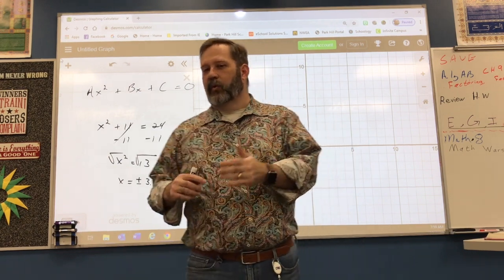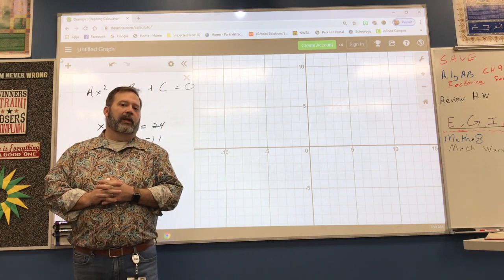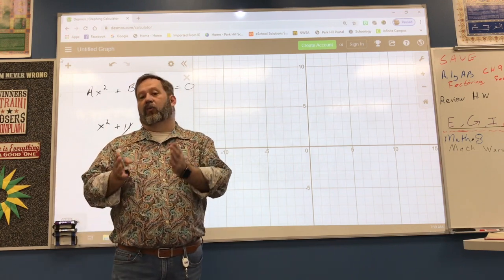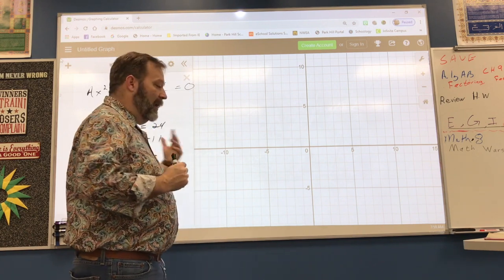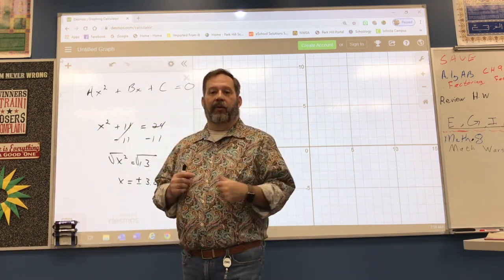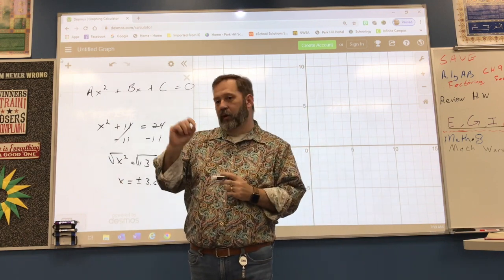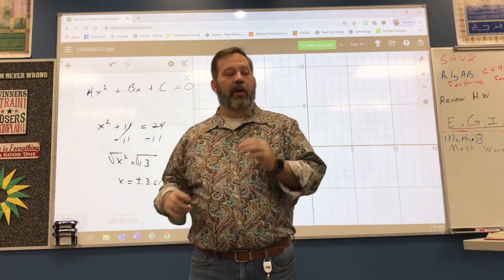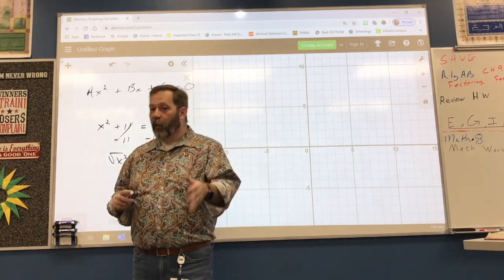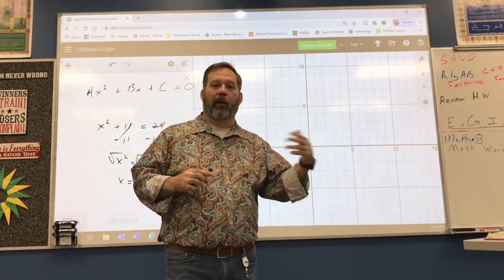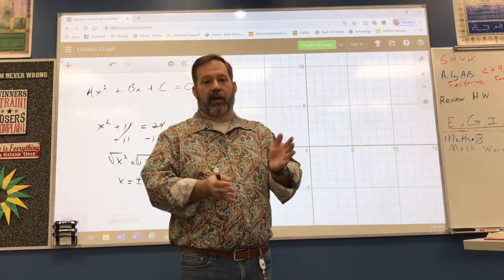So now that we're doing square roots and actually working on a calculator, we can entertain the idea of irrational solutions. You might be lucky and get them to square root out at 25, 36, 49, 100, something like that, where you get a solid answer. You might even get fractional ones, like 49 over 36 or 25 over 16, and when you square root those, you get solid fractions.